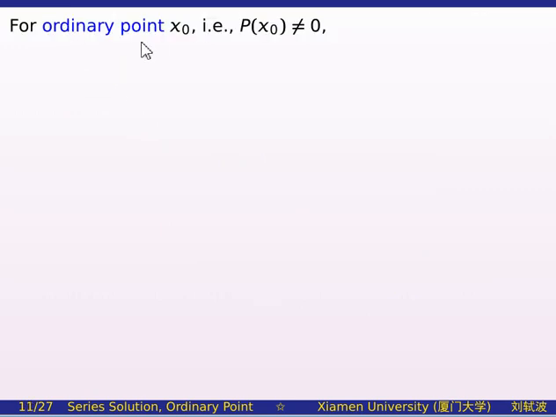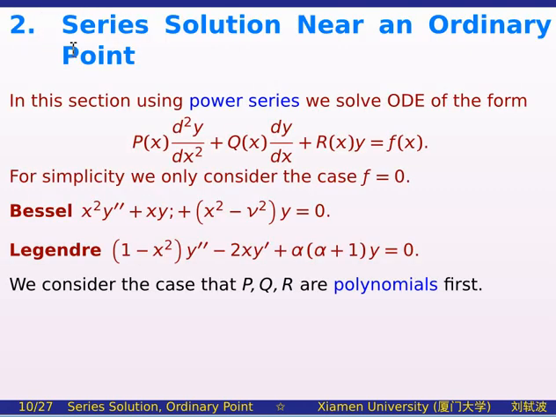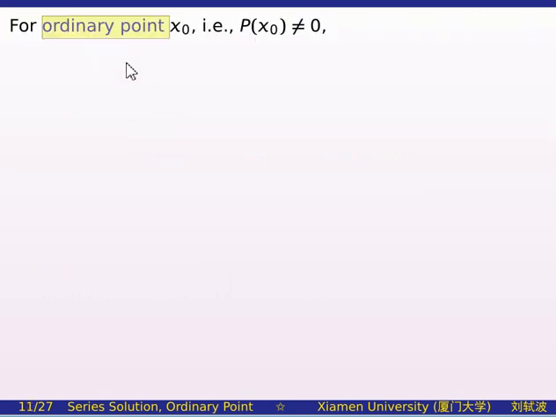So for this purpose, if p(x0) is not 0, then such x0 is called an ordinary point of this equation. For a polynomial coefficient equation, that is, p, q, r are all polynomials, if p(x0) is not 0, we say that x0 is an ordinary point.